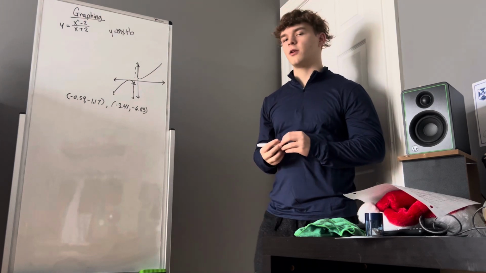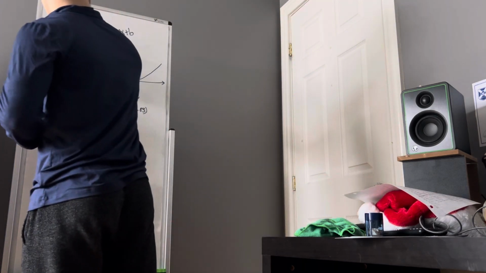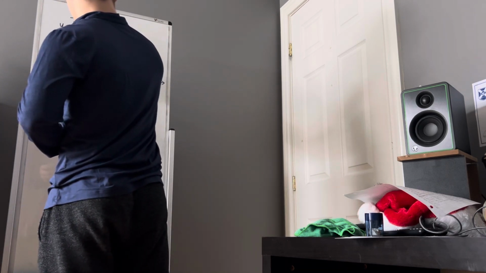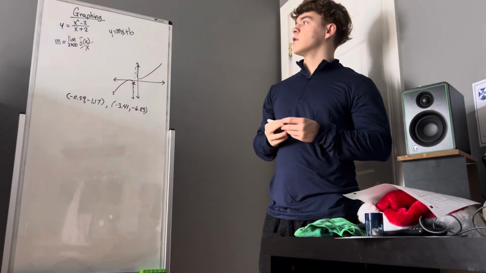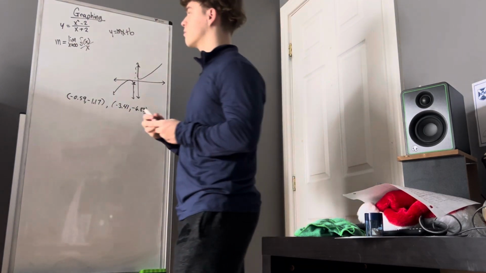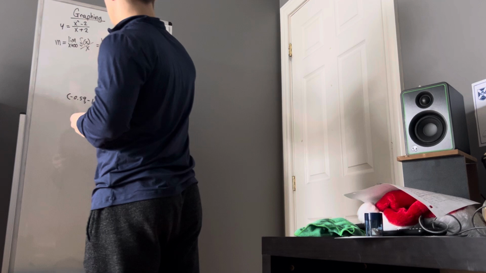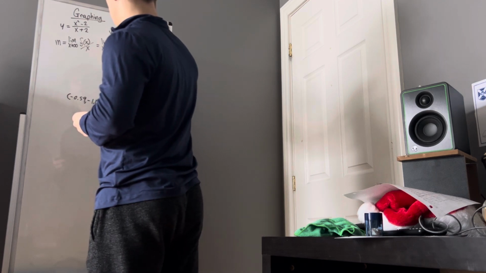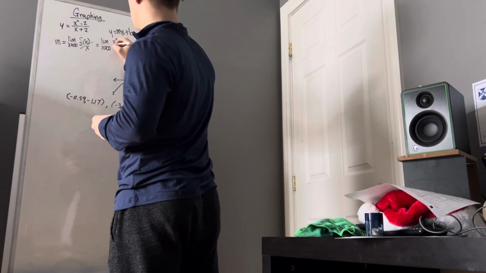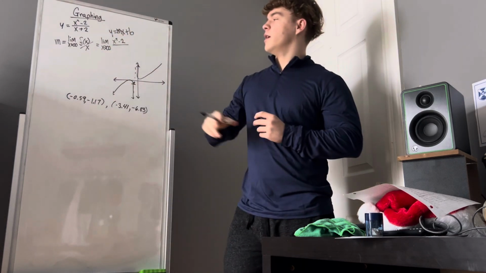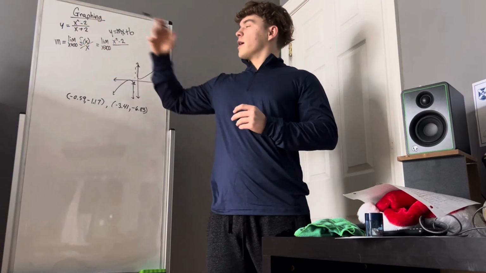Well, let me show you. m for us is going to equal the limit as x approaches infinity of f of x divided by x. And so for us, we can see that's quite easy. That's just the limit as x approaches infinity of x squared minus 2. And I'm just going to go ahead and distribute the x along the bottom.